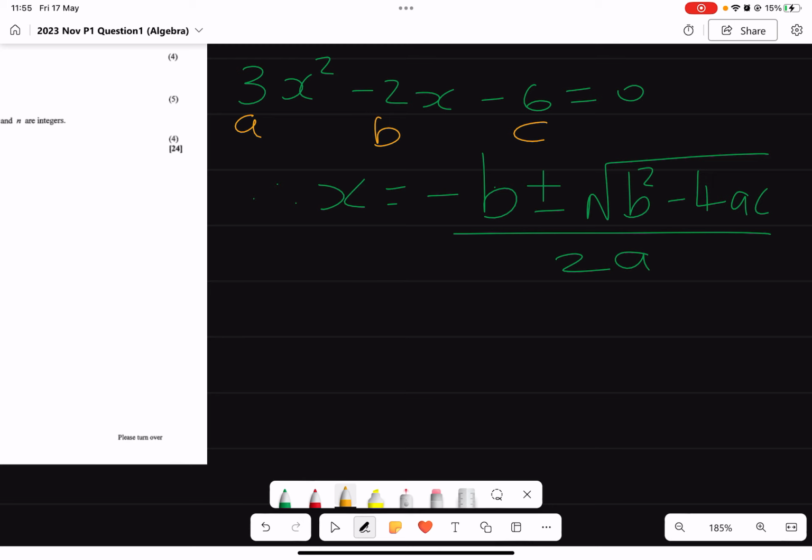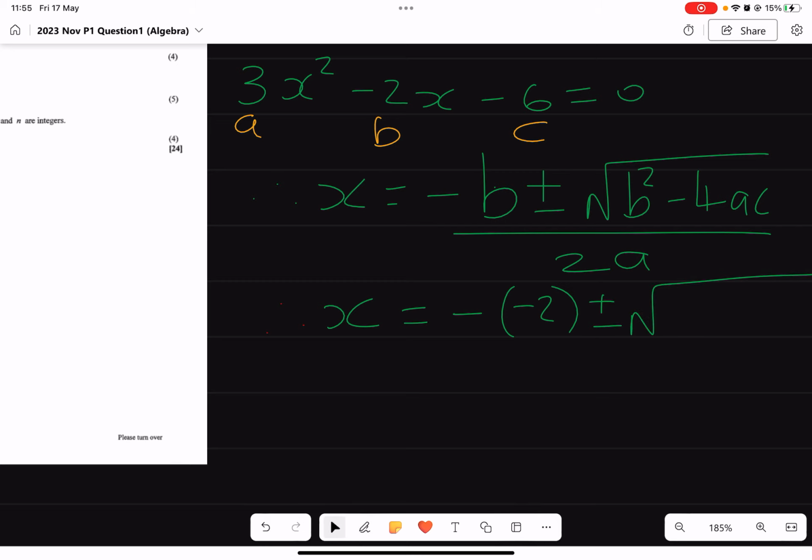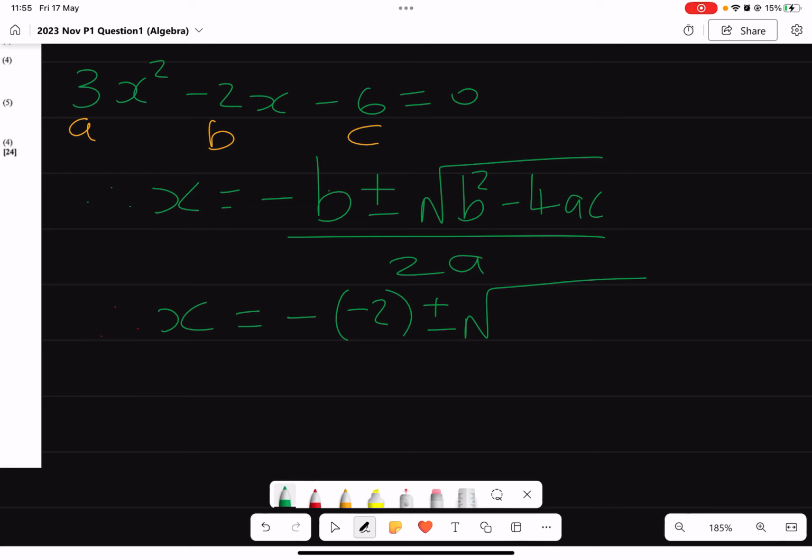So now let's see. Therefore, x is equal to negative, where there's b, I put a negative 2, because b is negative 2, plus or minus the square root of our b, which is minus 2, squared, minus 4 times a, and then my c is minus 6, all over 2 times a, which is 3.